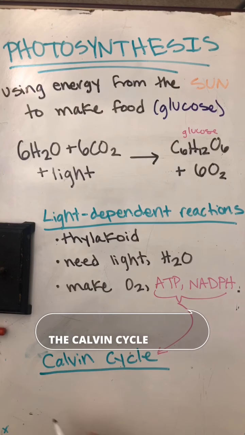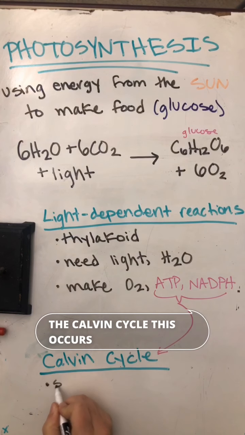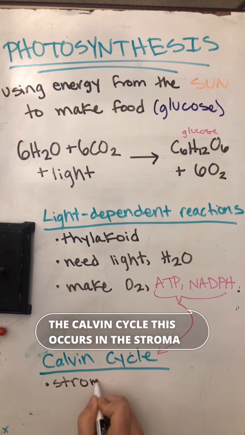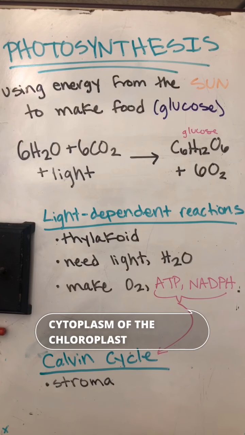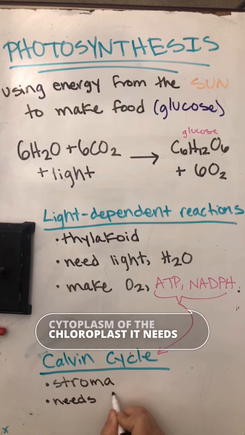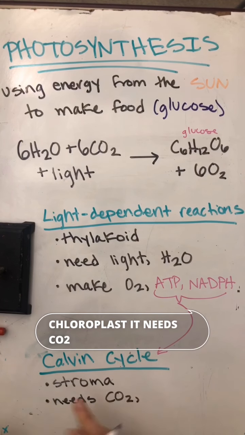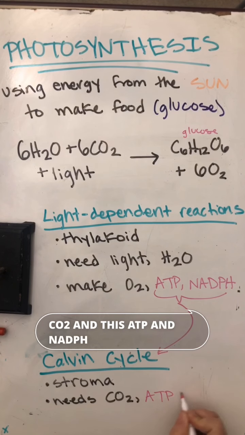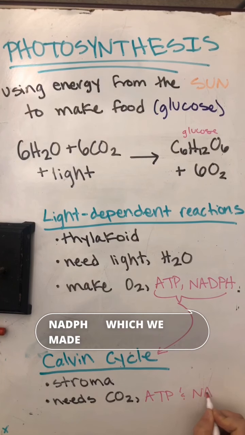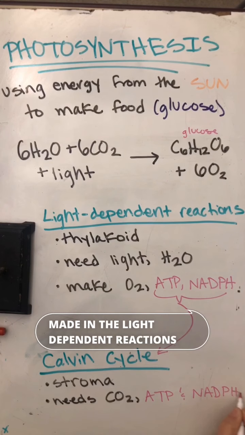The Calvin cycle, this occurs in the stroma of the chloroplast, which is like the cytoplasm of the chloroplast. It needs CO2 and this ATP and NADPH, which we made in the light-dependent reactions.